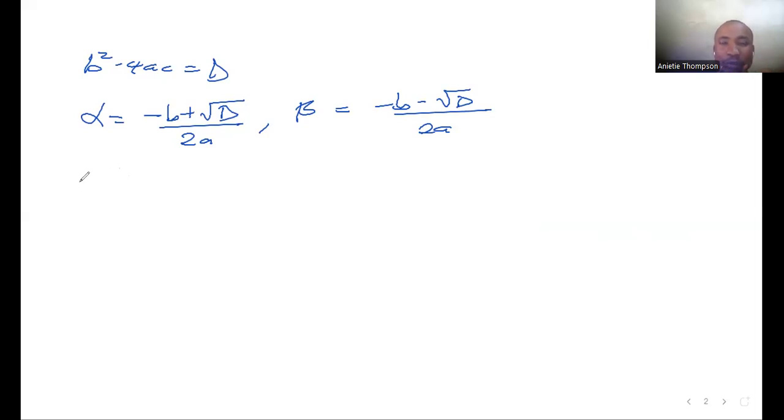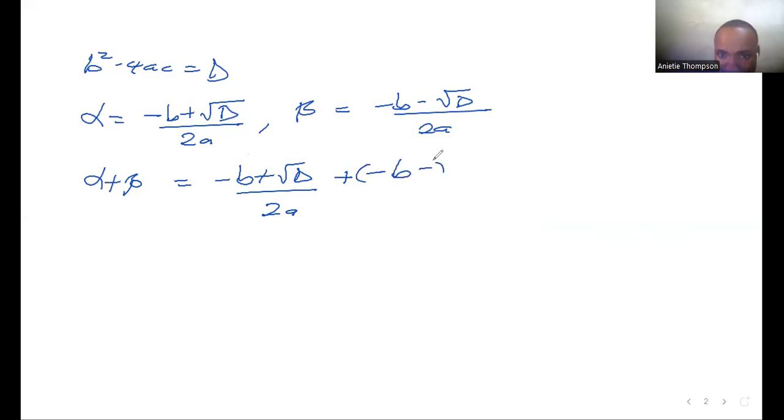Let's see what the sum of these roots will be equal to. So alpha plus beta is equal to minus b plus square root of d all over 2a, plus minus b minus square root of d all over 2a.